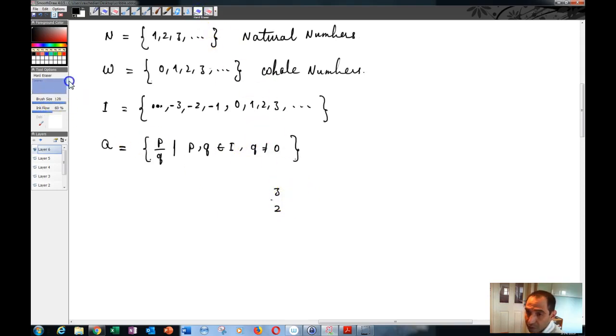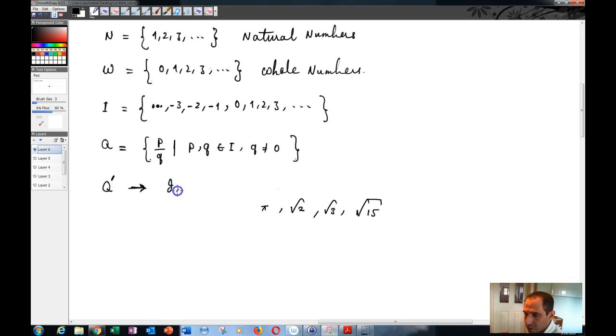Now there are some numbers that cannot be expressed as a ratio of two integers. For example, pi, or square root of 2, or square root of 3, or even square root of 15. There is no way to express these numbers in terms of the ratio of two integers. And so those numbers have been called irrational numbers, and I think they are denoted, if I'm not wrong, by Q prime or Q dash or something like that.